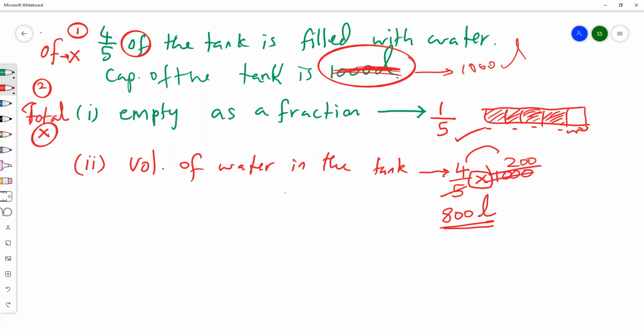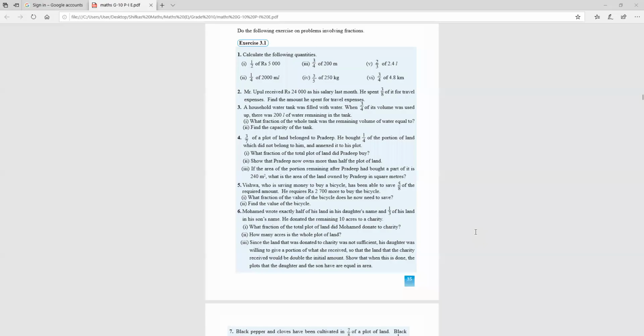Okay, now take your textbook, children. Exercise 3.1. Only the first question and the second question you have to answer. I have given page number 35. The screen shows the questions. You can write only the answers.